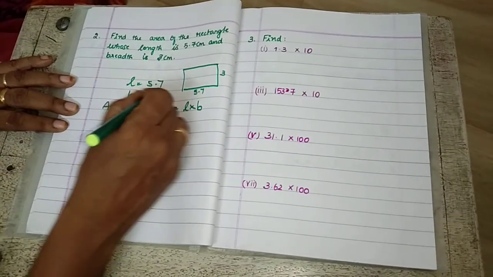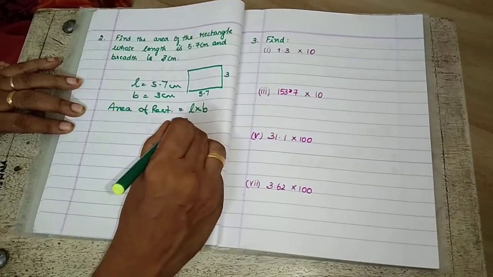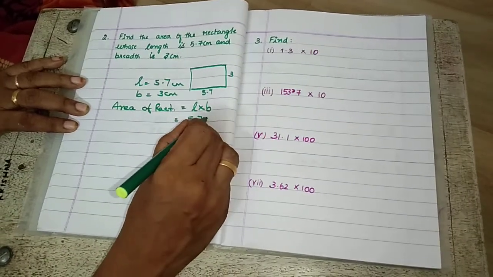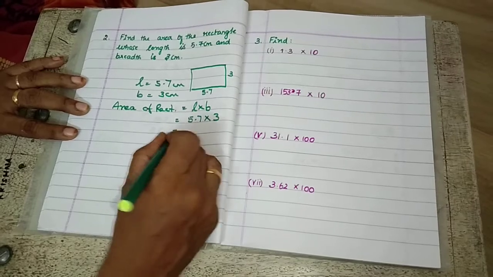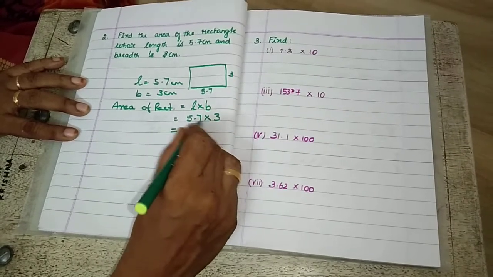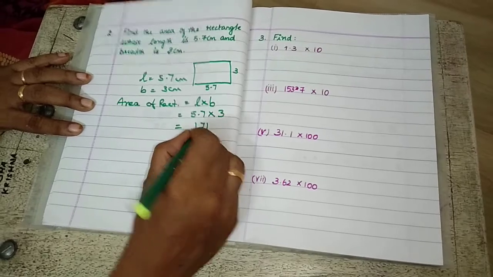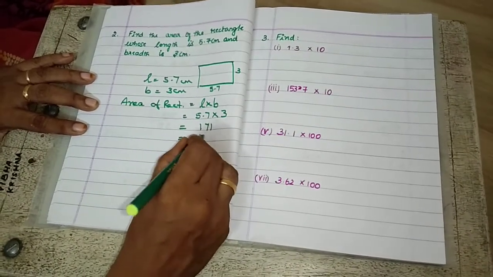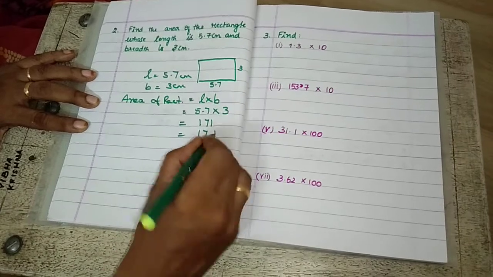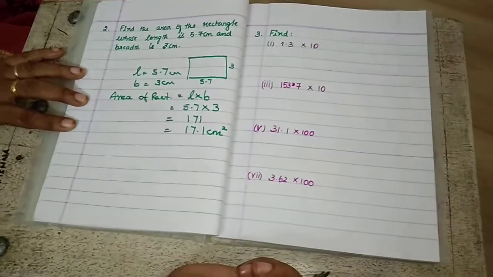What is my breadth? 3 centimeter. Don't forget to write the units, children. You will not be given marks if you don't write the units. So length is 5.7 and breadth is 3. Now 5.7 into 3. You have to multiply it normally. 7 threes are 21, carry over 2, 15, 17. So how many points are there after the number? 1. So from the right you will move. So your answer will be 17.1 centimeter squared, since it is the area.